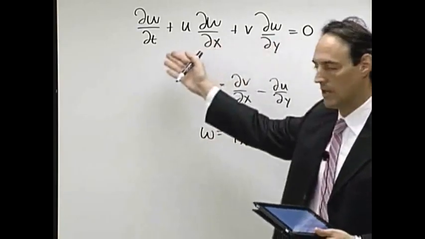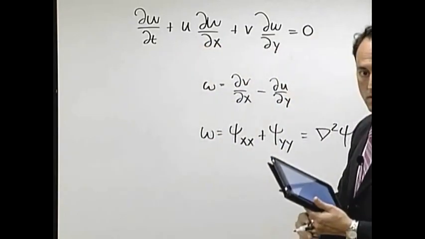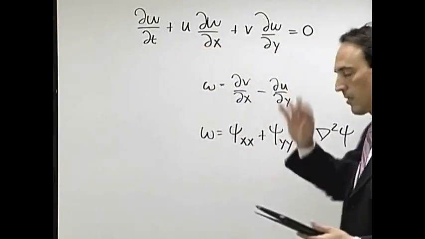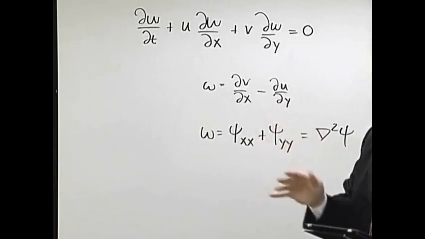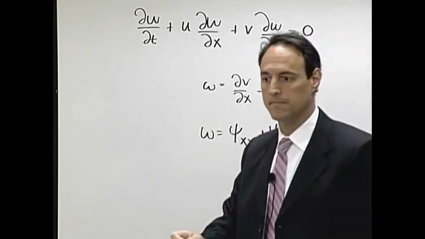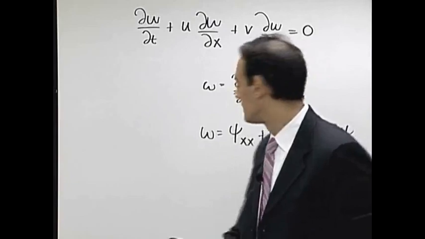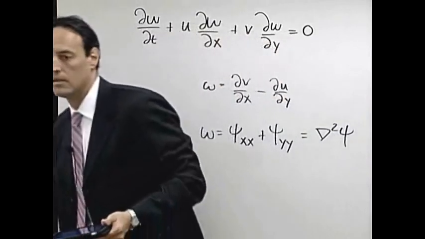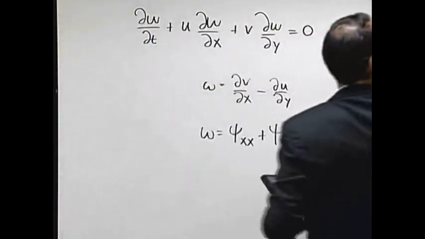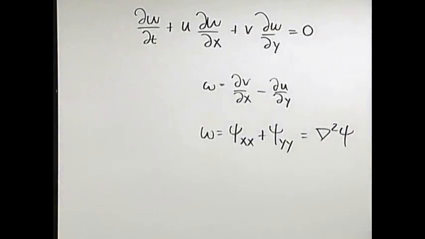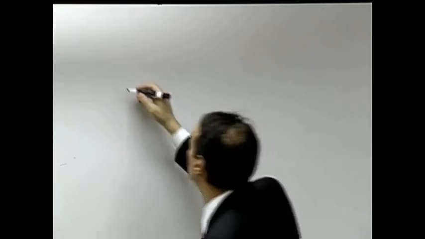And then the vorticity dynamics is given by this equation. Let's put it all together. I'm going to write everything in terms of stream function and vorticity, which represent the natural variables of the system to be working with. When you do that, you end up with the following.